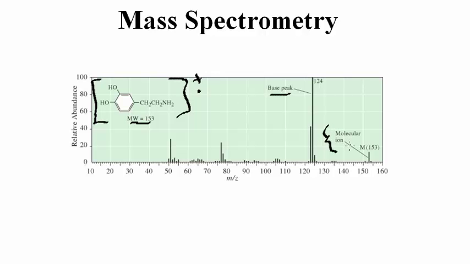Sometimes you will see that the molecular ion peak is the same as the base peak, but as you can see here, that doesn't necessarily have to be the case. The base peak just corresponds to the molecular fragment that is usually the most stable, and I'll go into a bit more detail about that a little bit later.